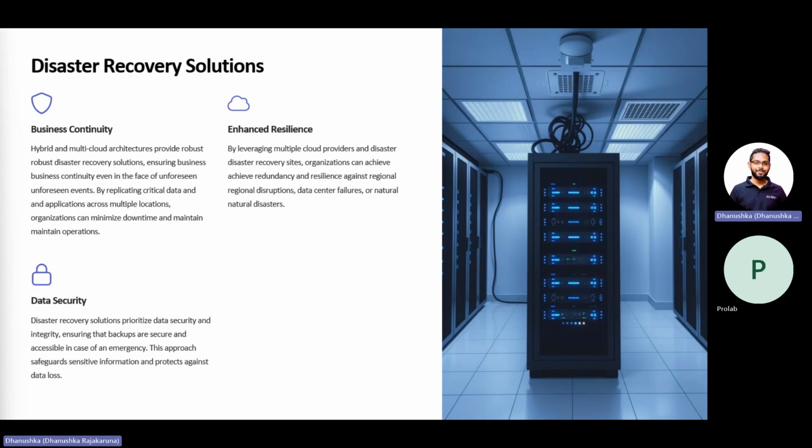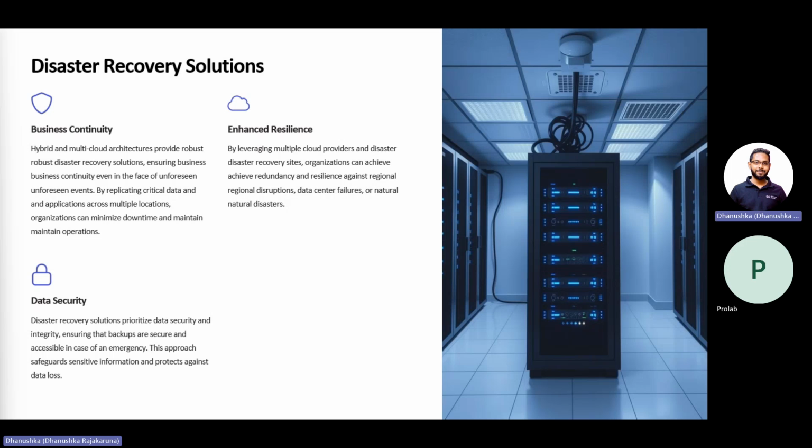So by leveraging cloud integration and automation, businesses can minimize downtime and maintain trust during disruptions. The future of DR lies in AI, edge computing, and blockchain.